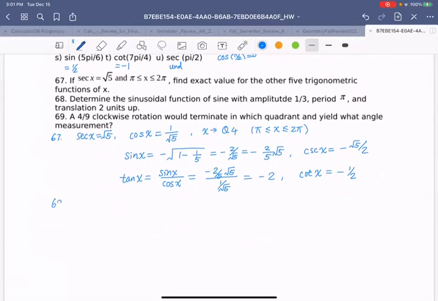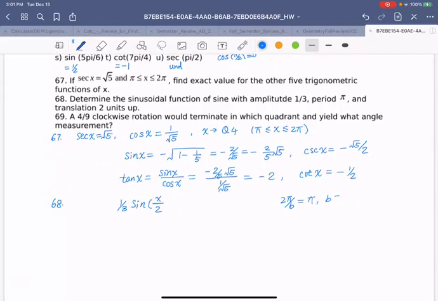68. Amplitude by 1/3. And then sine. Period is pi, so the b is going to be 2, because 2 pi over the b equals to pi.